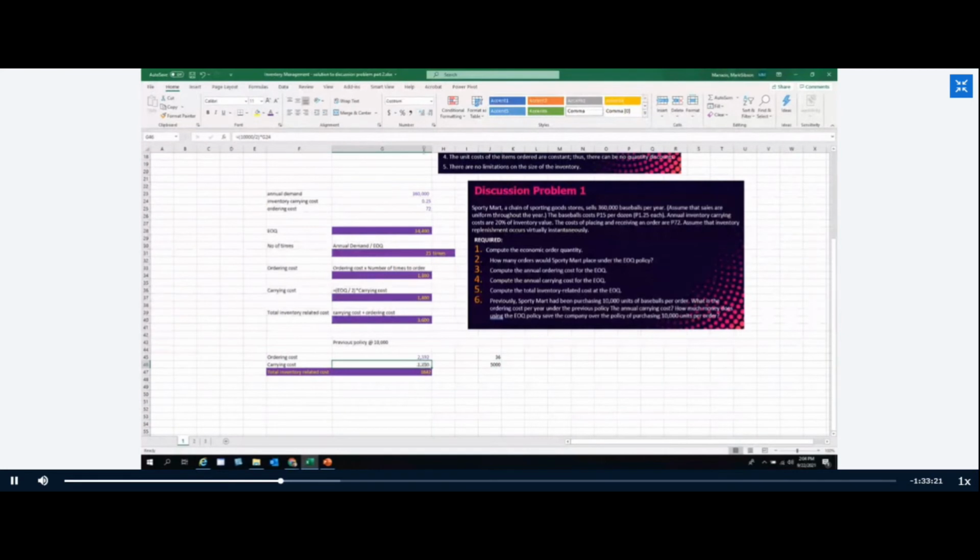So, therefore, at 10,000 units, ang total inventory related cost mo is 3,842.